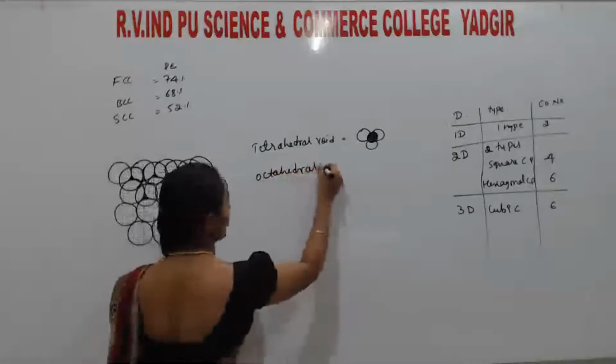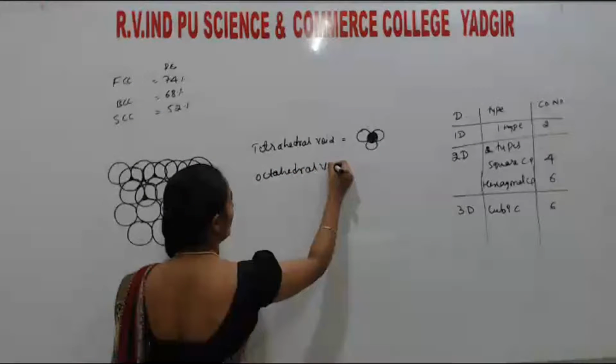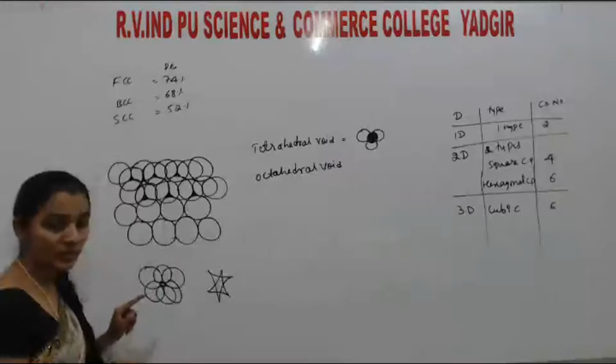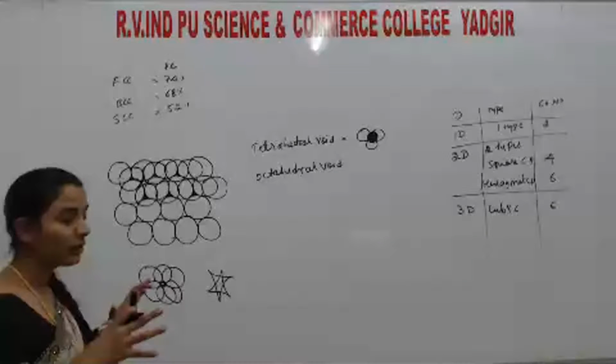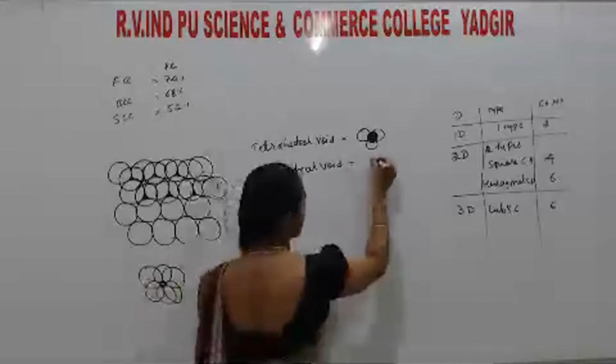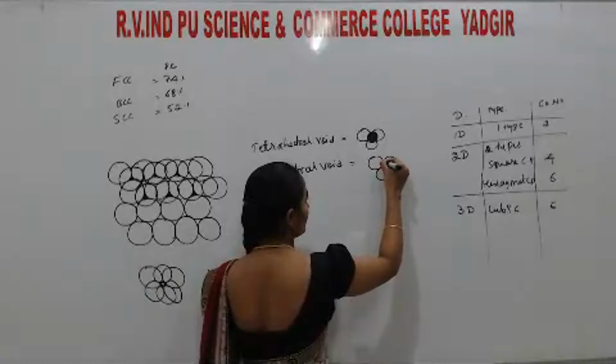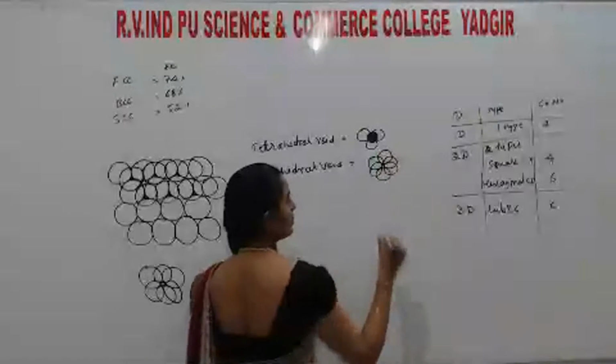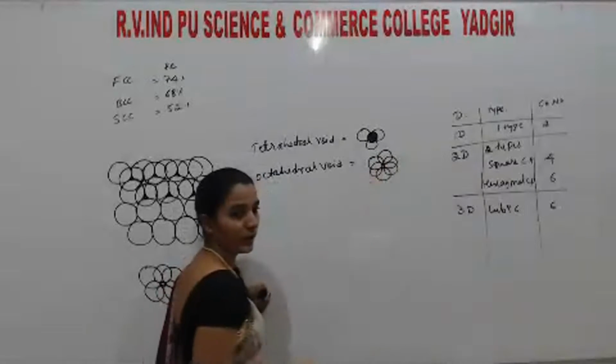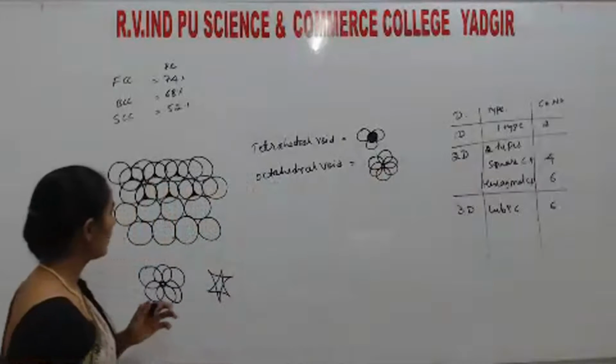Why is it called octahedral? It is formed by 6 spheres in different layers. So octahedral means 6. The structure is 1, 2, 3 spheres, so this is 1, 2, 3. This is the octahedral void. That is always empty. Okay.